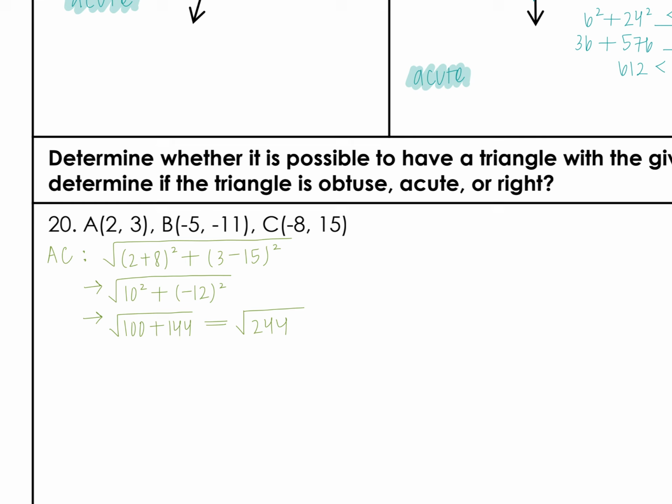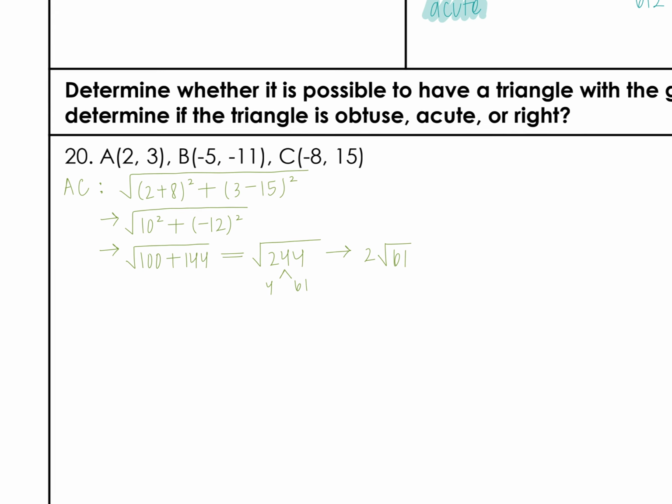Getting practice with simplifying our radicals, looking for factors of 244, I can see it's going to divide by 4. When I divide that by 4, I'm left with 61. And so my final answer here is 2 root 61.